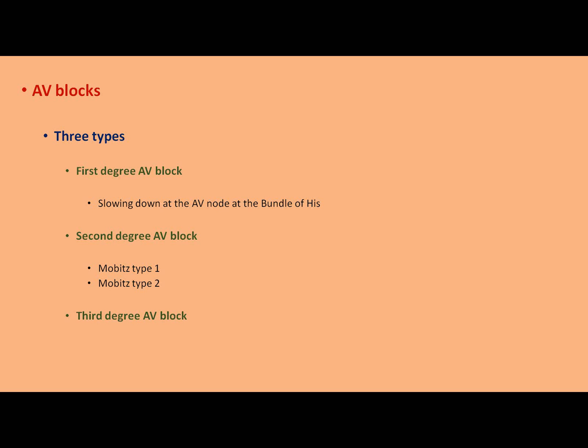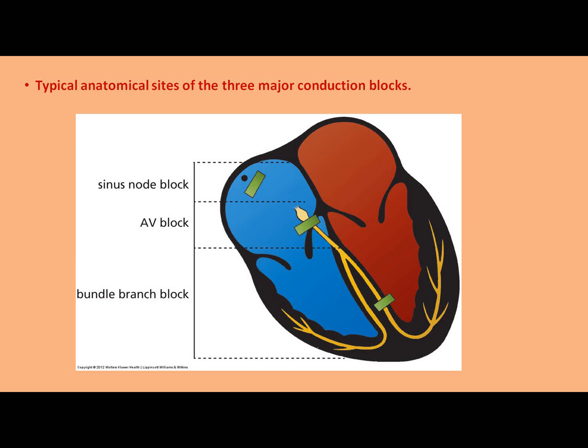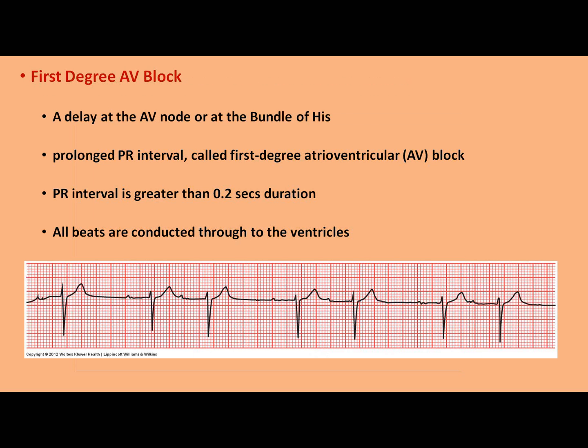These are important. Even though you may not remember now, once you hear these, maybe one day you'll remember, oh, that's what Dr. Ranasinghe was talking about. So first degree block is a prolonged PR interval, more than 0.2 seconds.